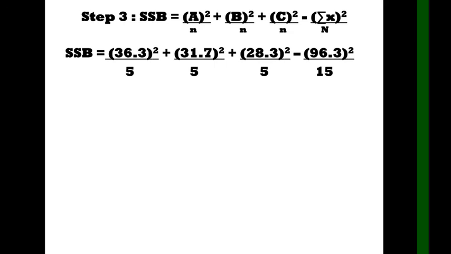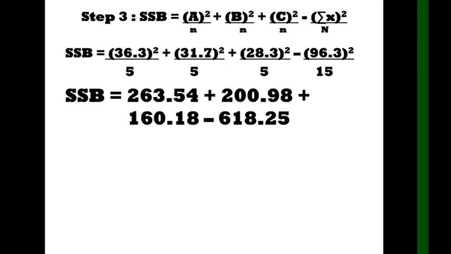So 36.3 squared over 5 is 263.54. 31.7 squared over 5, 200.98. 28.3 squared over 5 is 160.18, and 96.3 squared over 15 is 618.25. 15 is the total number of all the observation, and n is the number of observation.